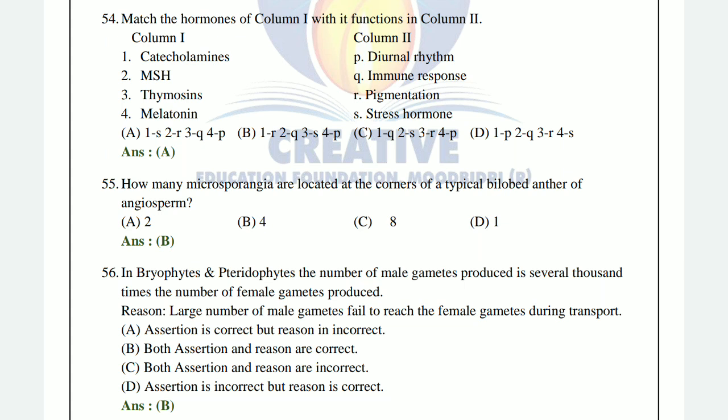Question 56. In bryophytes and pteridophytes, the number of male gametes produced is several thousand times the number of female gametes produced. Reason is large number of male gametes fail to reach the female gametes during transport. The correct option is option B, that is both assertion and reason are correct.